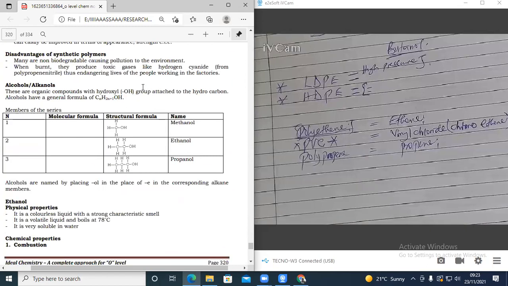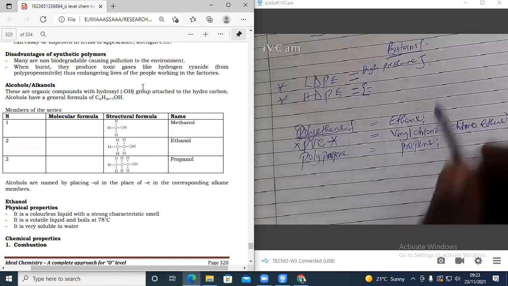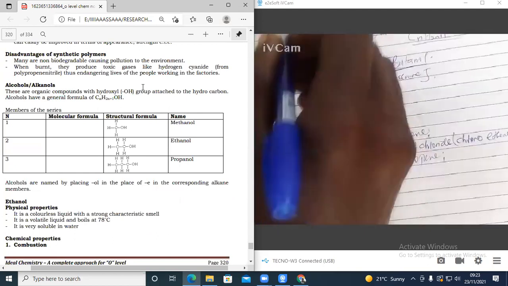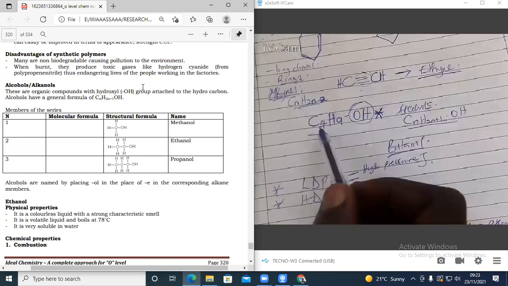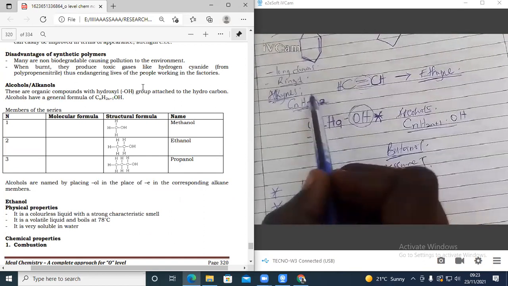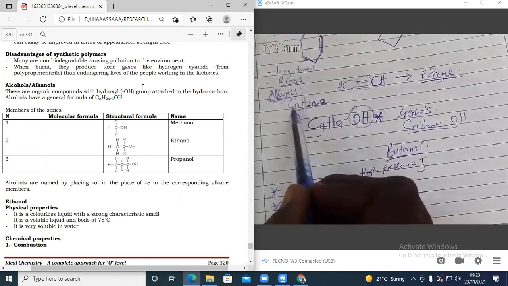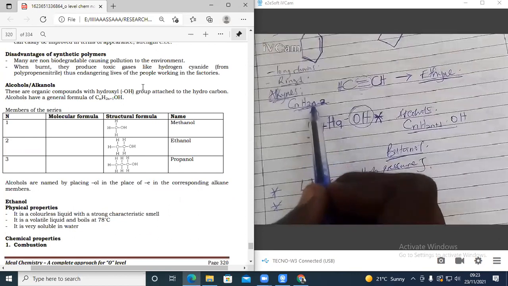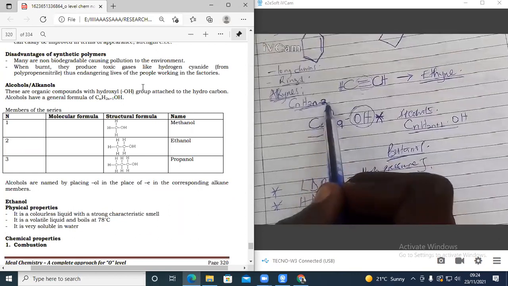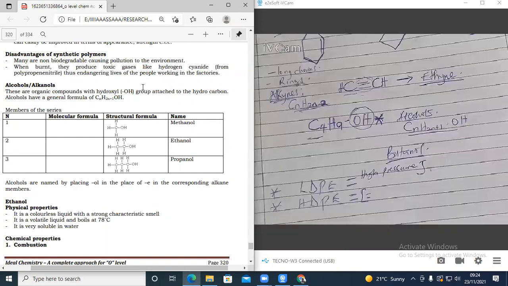Alkynes, mostly they don't ask about them and it is rare. But you just know that it is an organic compound with a triple bond, unsaturated, with the general formula CnH2n minus 2. We don't have the first one, methyne. We only have those that start from 2, like alkenes. So the first one, with 2 carbons, is ethyne.